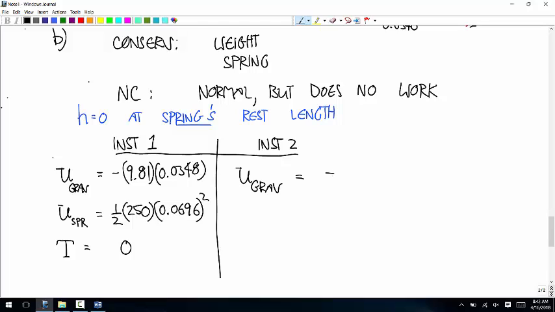negative mg times the sine of 30. Mg should be x times the sine of 30.